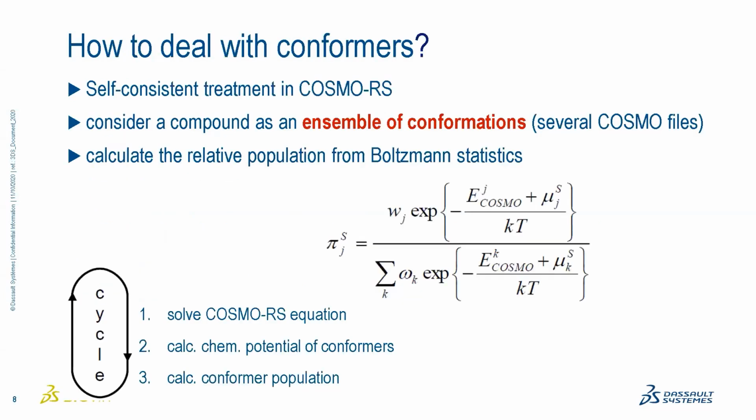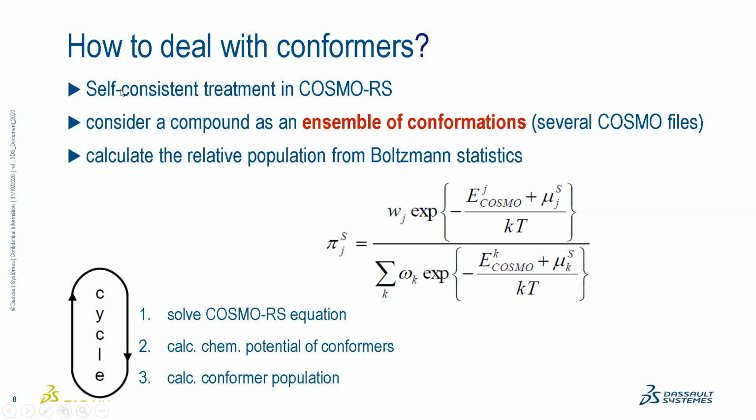So how do we deal with the conformers in COSMO-RS? We have a self-consistent treatment in COSMO-RS. You have seen the equations this morning from Frank. And we consider a compound as an ensemble of conformations. So we have a COSMO file for each conformation. But these are not different compounds. These will represent one compound.